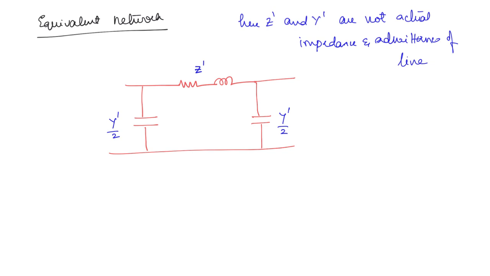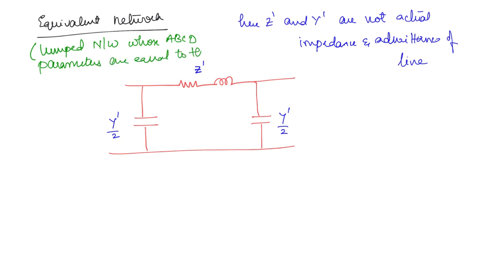This is a lumped parameter network whose ABCD parameters are equal to that of the long line.